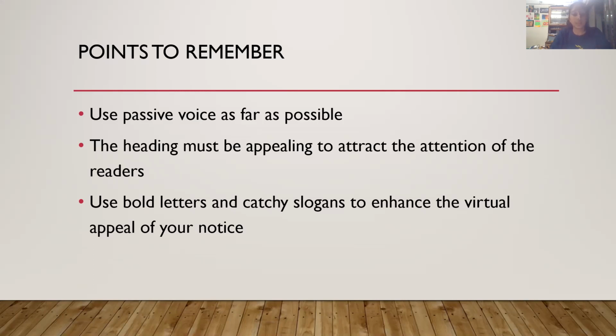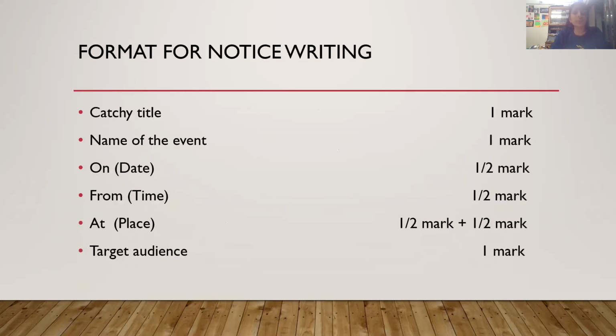It's for betterment. Now, format for notice writing. As I said before, in boards, notice writing comes for 5 marks, and these 5 marks are very important. You can definitely score 5 on 5 in notice if you don't make any silly mistakes. Firstly, the main thing is a catchy title.